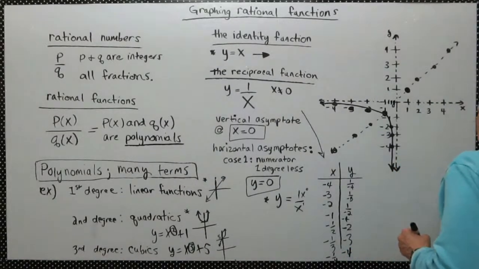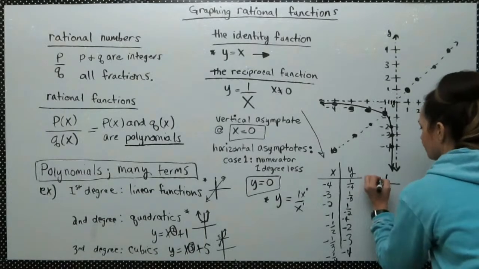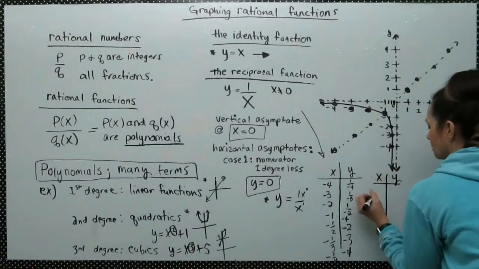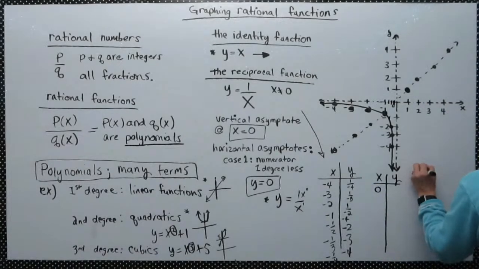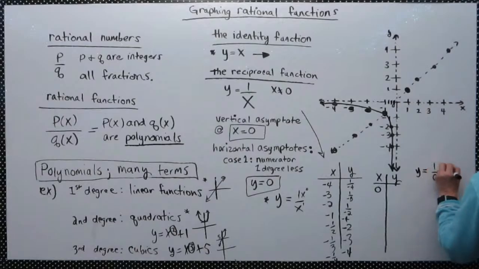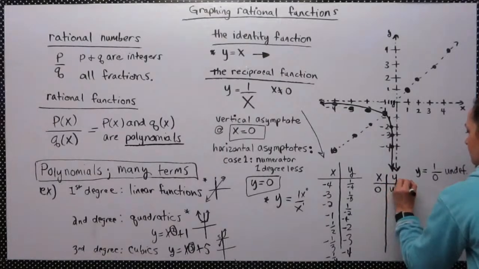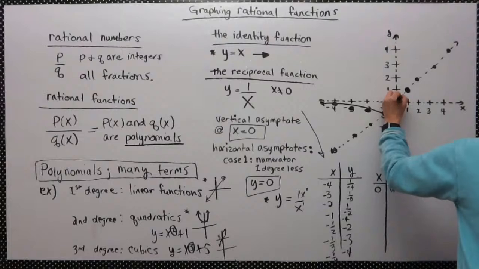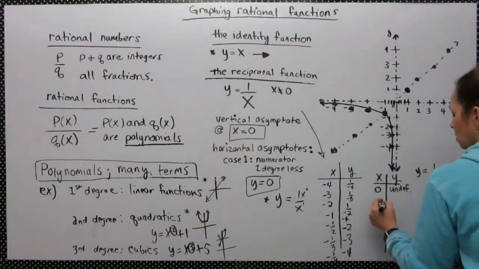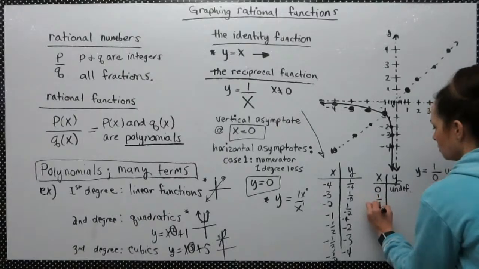Let's continue our table here, x comma y. So we found 0 was undefined, because when you plug in 0, you get 1 over 0, which is undefined. But if you go over here to make a perfectly symmetrical graph and you want to plot some of these positive values, you'll start with positive 1/4.